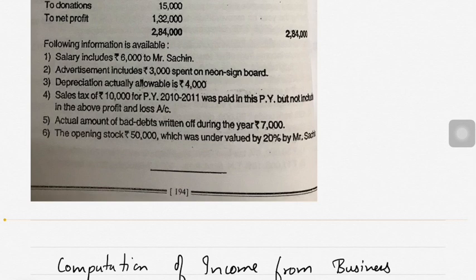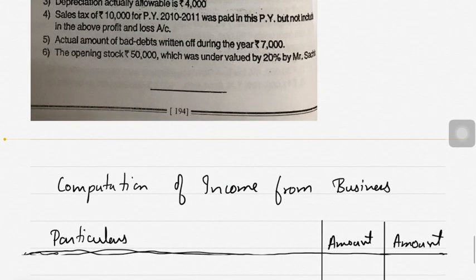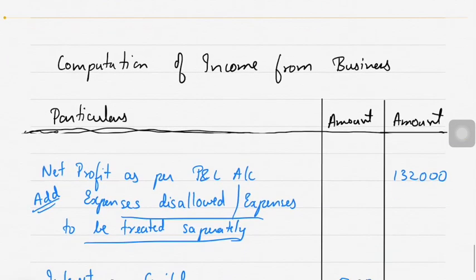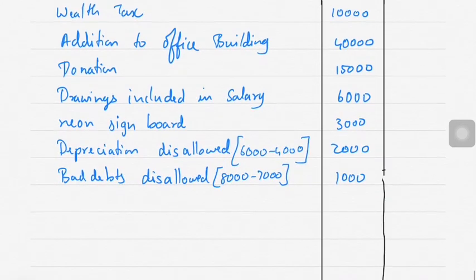In that case you will add it, because when closing stock is undervalued, your profit is also undervalued. But here opening stock is undervalued, so your profit is overvalued, and you have to subtract it. If opening stock is overvalued, then your profit is undervalued and then you have to add it.